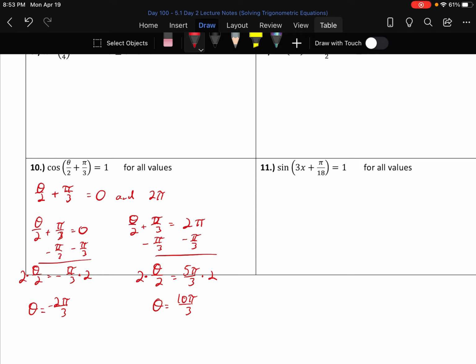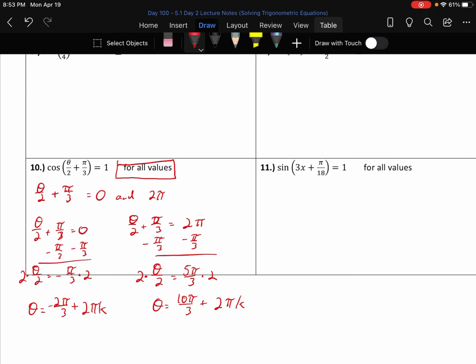But, and this is why I wanted to go over this one because it's a little bit more complicated, for all values, remember what I just said a few problems ago. Whenever you're told to find the solution for all values, you've got to make sure you put that plus 2 pi k at the end.